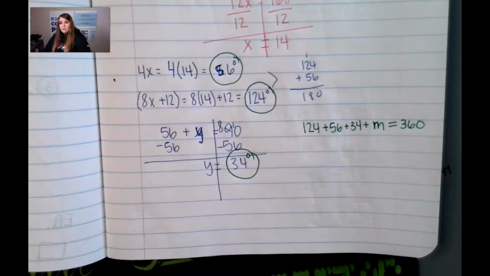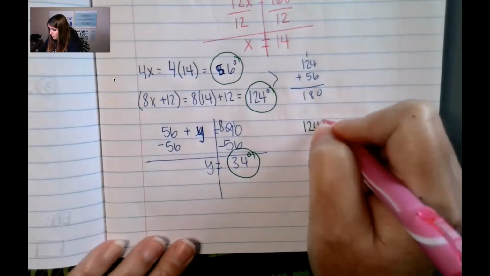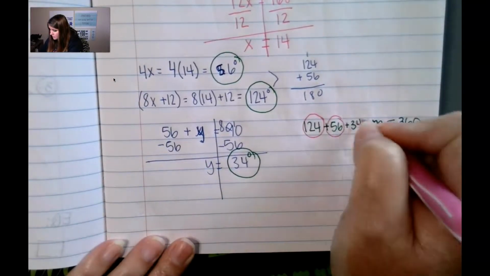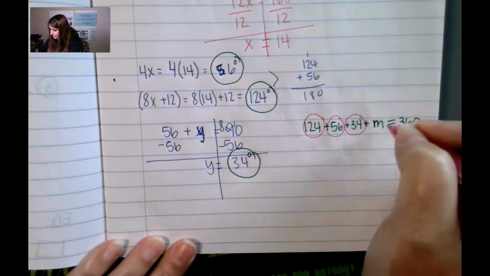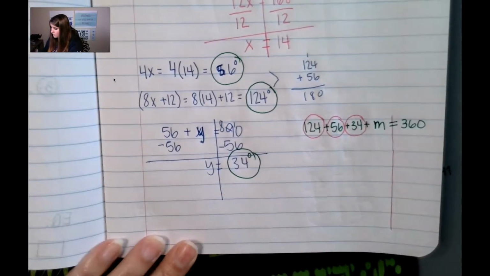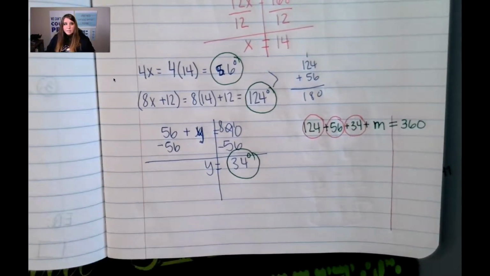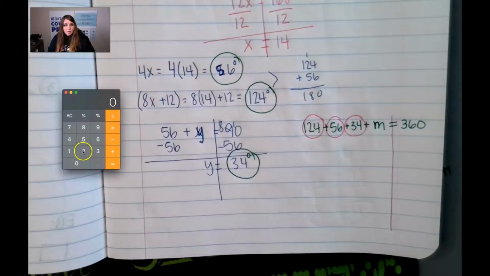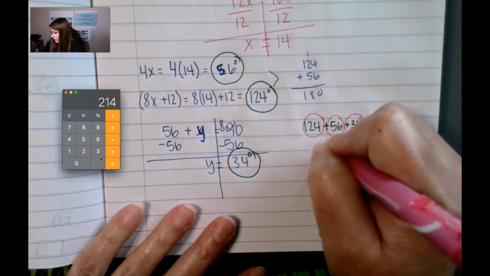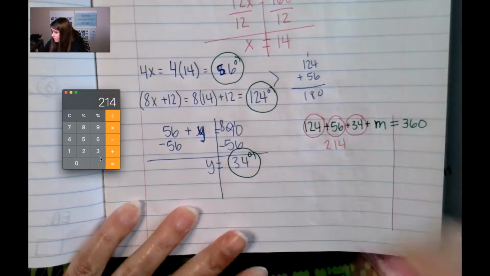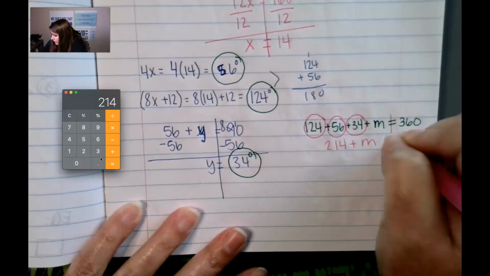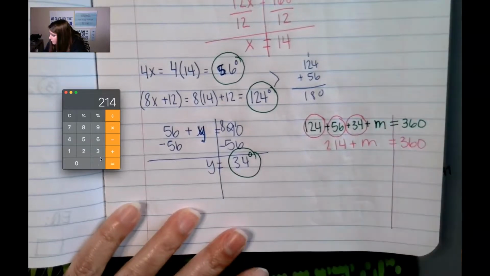We're going to combine all of these together. So 124 plus 56 plus 34. Oh my gosh, I could have just known that that was 180 plus 34. So 214, right? Plus M equals 360.